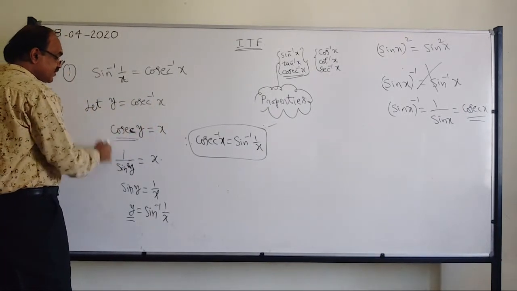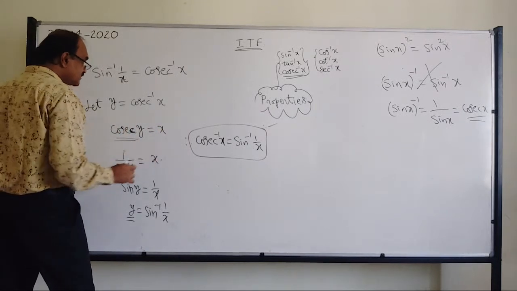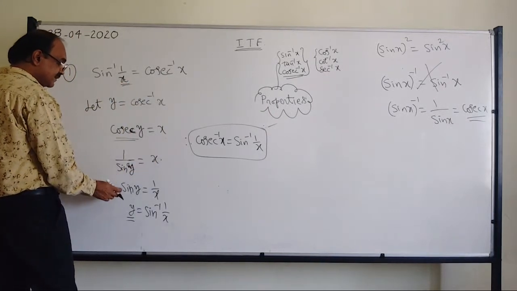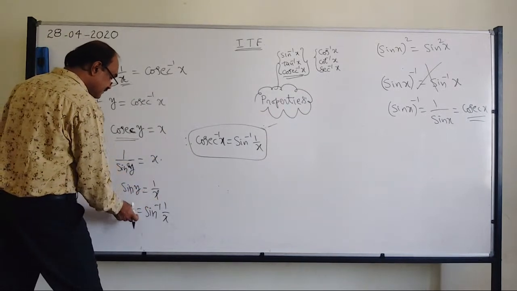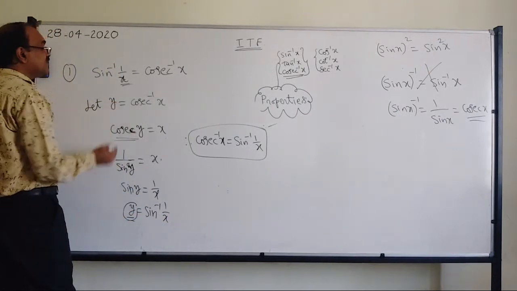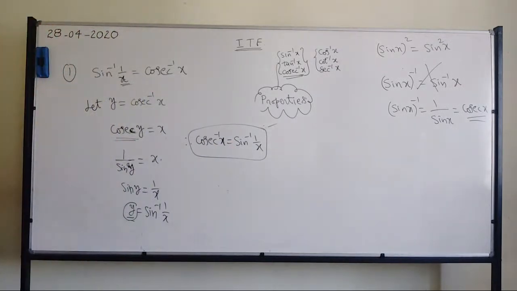Now cosecant y you can write as 1 by sin y, the reciprocal. As you wanted 1 by x, sin y equals 1 by x. Then move sin to that side, it becomes sin inverse 1 by x. Now substitute in place of y what you assumed, cosecant inverse x. That is sin inverse 1 by x.